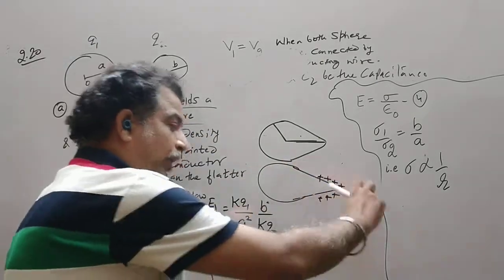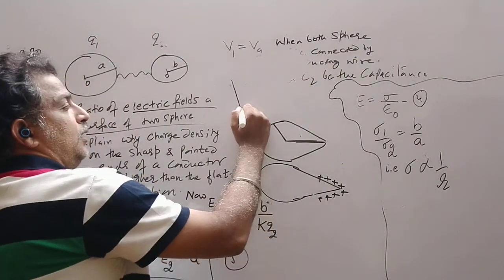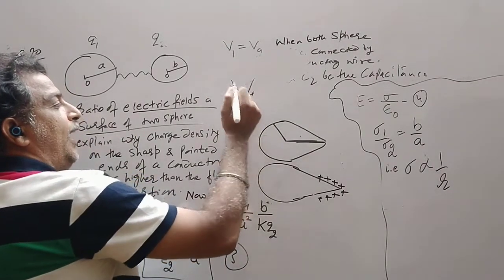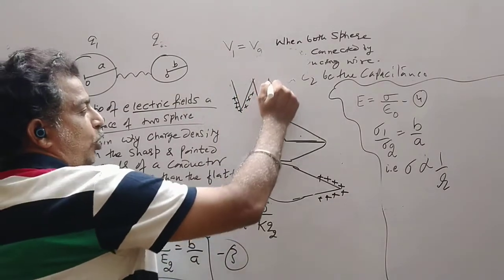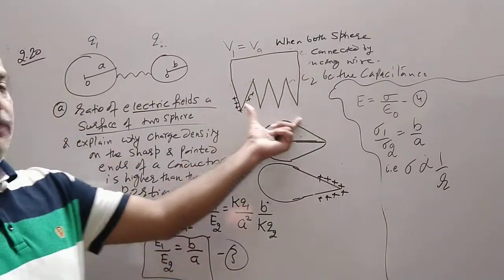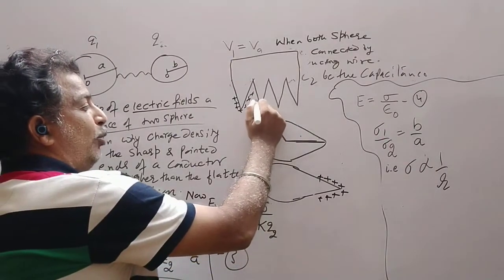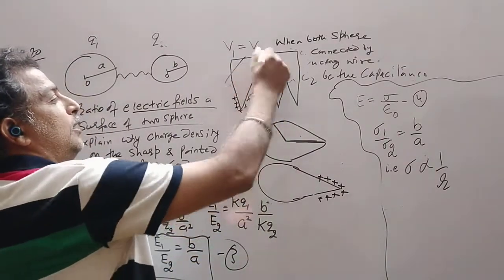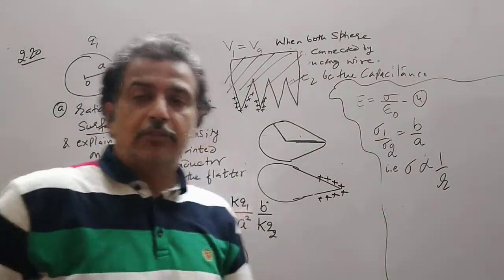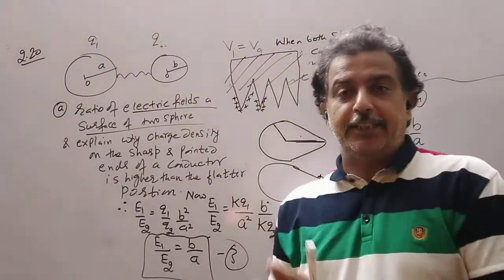This portion is the pointed end. So you must understand, when we comb our dry hair, the surface charge density at the pointed end is more. This is a teeth of a comb. Now if I rub this comb on my dry hair, you will find that the density will be more at this end as compared to this flatter portion. So this is the reason, because the surface charge density is inversely proportional to the radius.